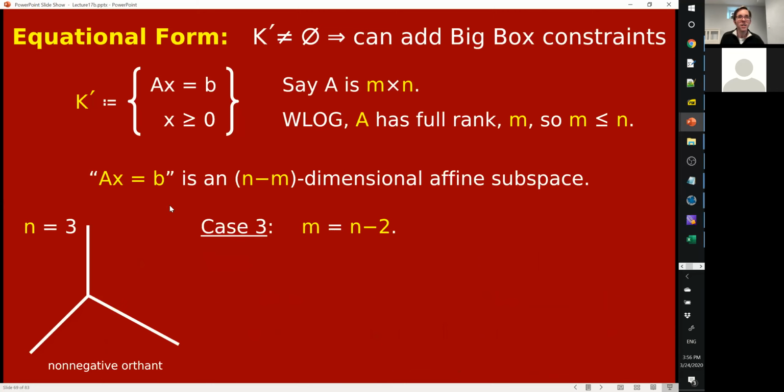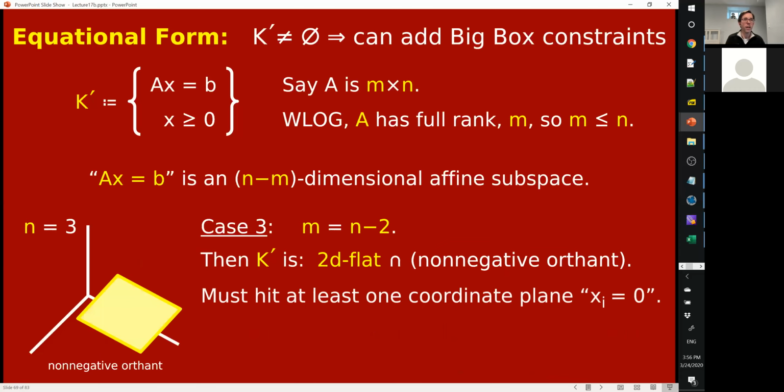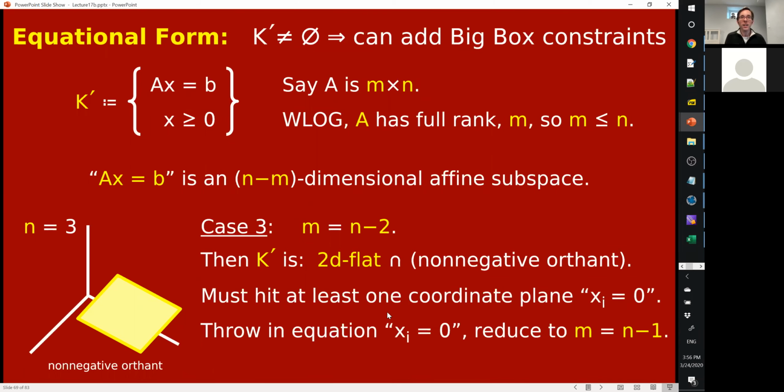Okay, and this generalizes. So if m is n-2, then K prime is the solution to n-2 equations and n unknowns. It's like a two-dimensional flat intersected with the non-negative orthant. And again, there's no way it can hit the non-negative orthant without hitting at least one of these coordinate planes, xi equals 0. And therefore, again, you can throw in some equation of the form xi equals 0, which gives you a new equation, and it reduces m to n-1.